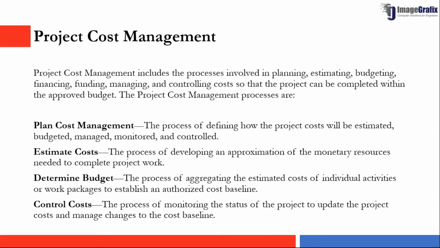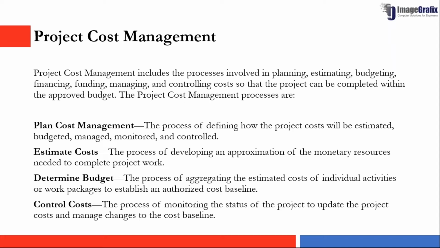Coming to project cost management, first will be our planned cost management. So each organization needs to identify how they will determine their cost, how they will be estimating the cost, what tools they will be using, how they will be managing their budgets, how they will be monitoring these budgets and capturing the actuals, and controlling the changes that will be happening across the project.